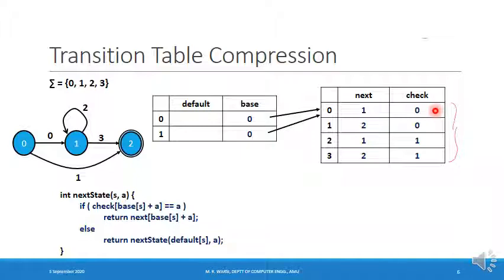I'm just storing the 4 transitions, and if I store it in the two-dimensional table manner, then the size is going to be 8 if I only consider state number 0 and state number 1. So now you can see how the transition table compression algorithm is working, and how it is compressing the size for storing the transitions.